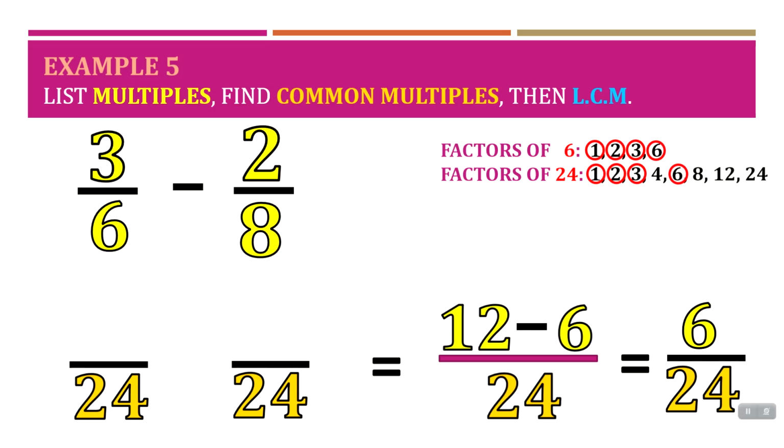But which one is the greatest? Which one is the largest number? We know it is 6, and so therefore our HCF is 6. We will divide numerator and denominator both by 6. 6 divided by 6 is 1, and 24 divided by 6 is 4. Our answer in lowest terms is 1 over 4. And now you've solved the mystery of subtracting unlike fractions and reducing to lowest terms.